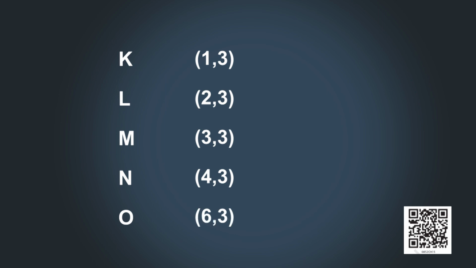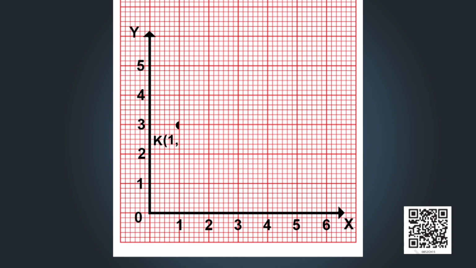We will plot a few more graphs. The coordinates of the points K, L, M, N, O are (1, 3), (2, 3), (3, 3), (4, 3), (6, 3) respectively. We will plot K, L, M, N, O on the graph paper.